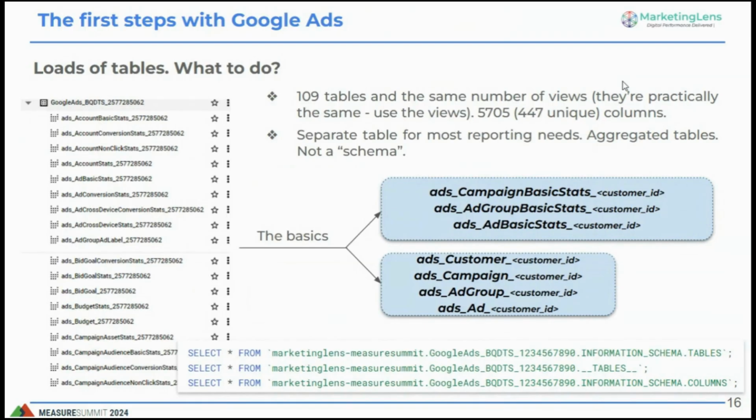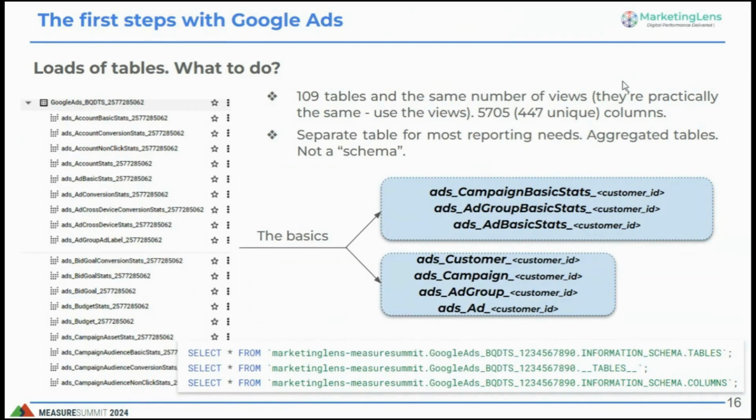So with regards to the structure, it's not really a schema here. There's a separate table for most reporting needs and most dimension and metric combinations that one would ever need. They're all aggregated tables with one exception. We'll talk about that. And if you want to get started, maybe the easiest way is just to go back to the basics and identify a few tables that have the core information that most people would use in Google Ads.